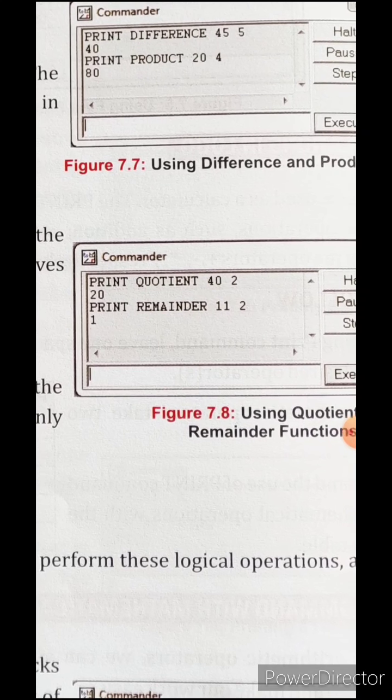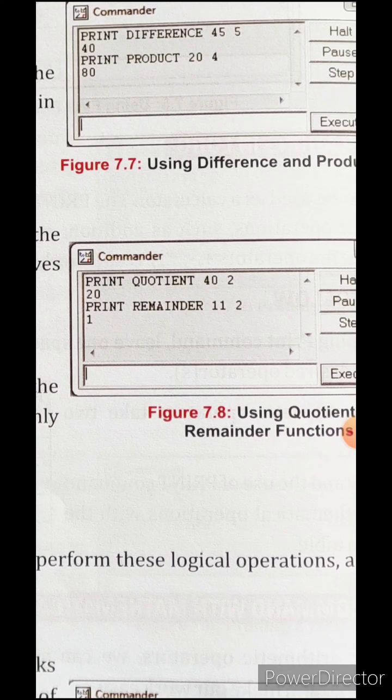Here they have given an example like this: print remainder 11 by 2. The output is 1. You can see under the print command it has been given 1, right? Why? Because if we divide 11 by 2, then we easily know that the remainder will be 1. So these are all examples we can try.